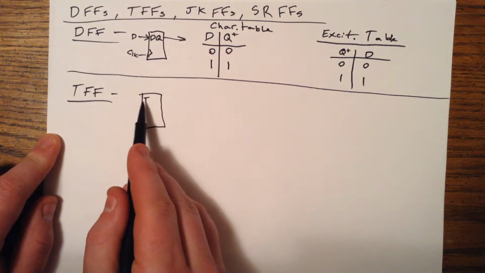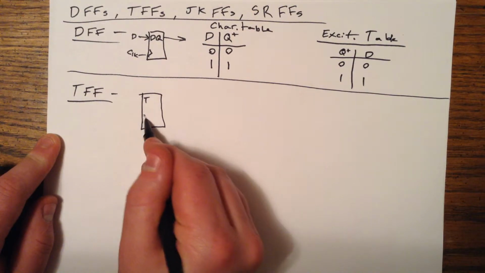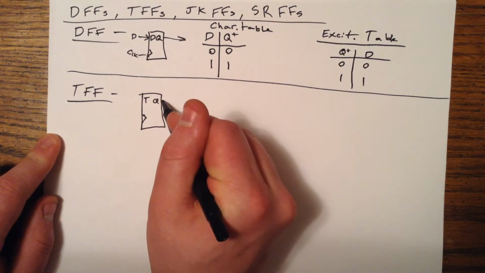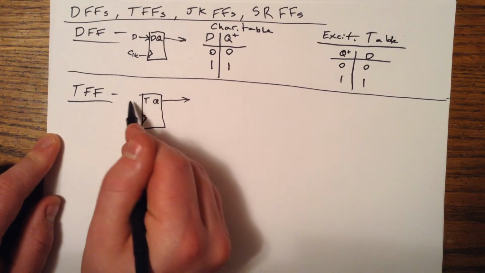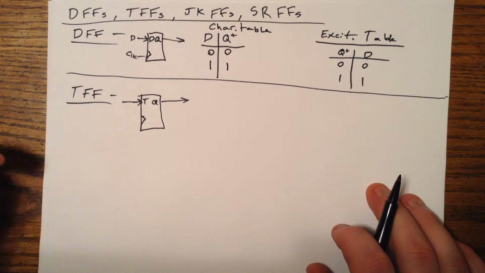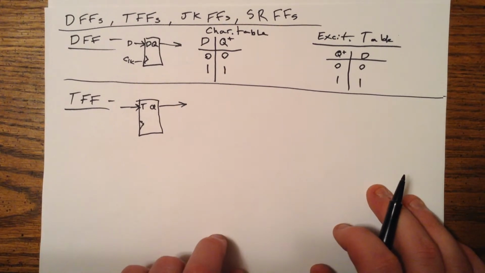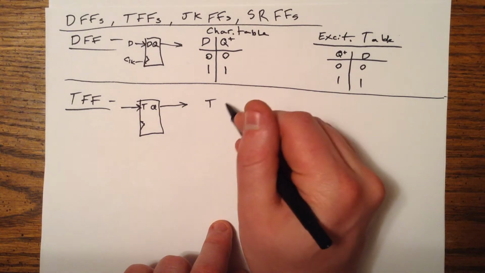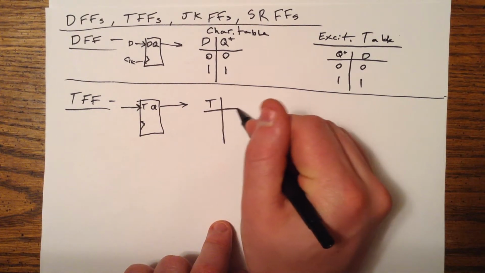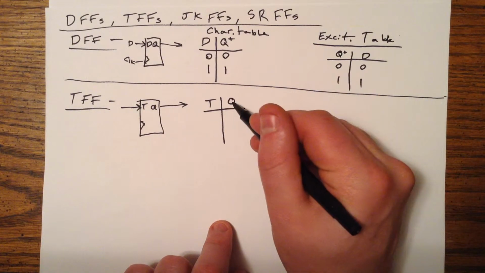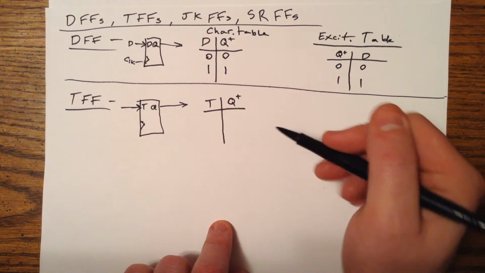So a T flip-flop, we have a T on the input, right? And then our basic clock, and then our Q for the output. Remember, the signals always go from left to right through that T flip-flop. So what the T flip-flop does in the characteristic table is going to be a little abstract, but you guys are smart enough, you'll get this.